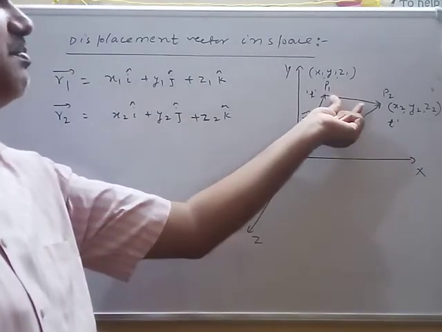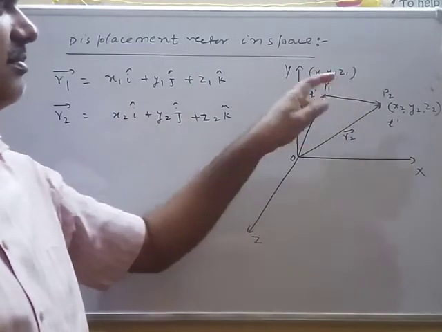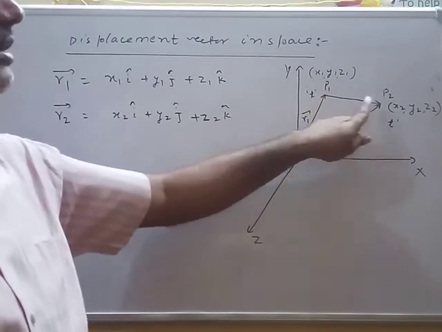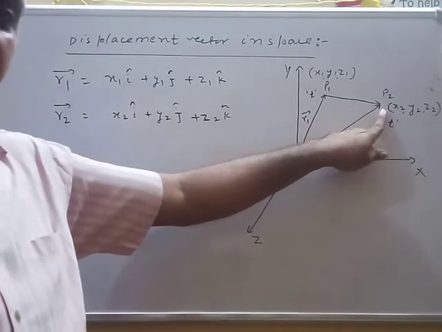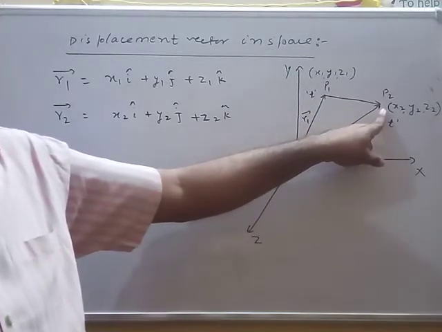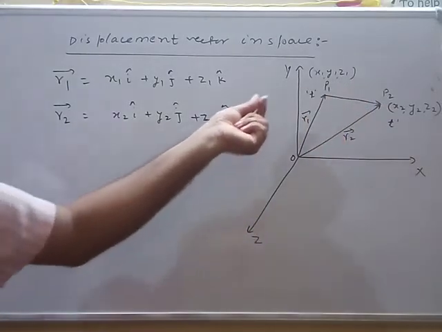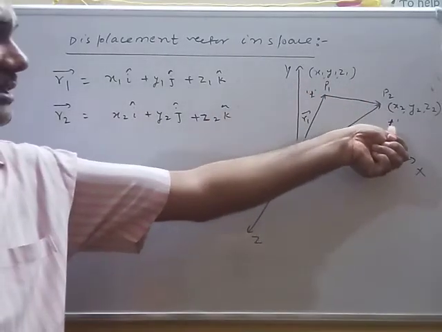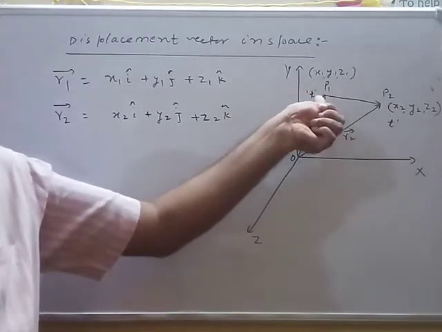Then displacement vector. Displacement vector means P1 to P2, one position P1, another position P2. We want to find here displacement vector during the time interval t dash minus t.